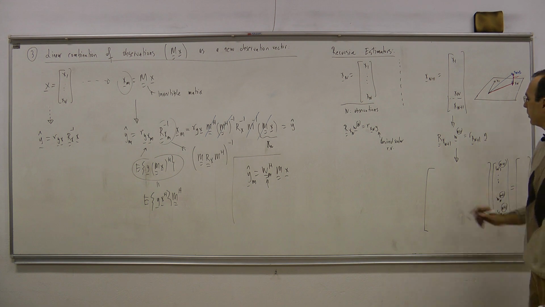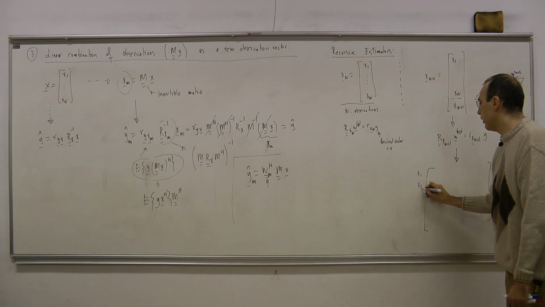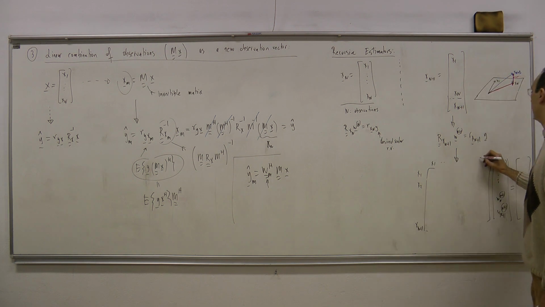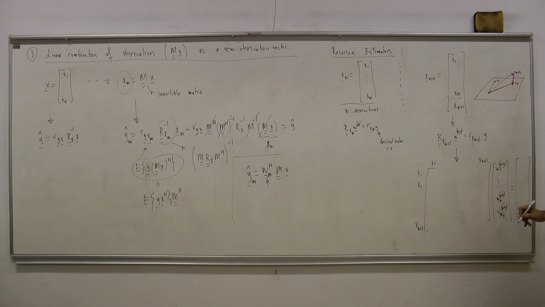So what is this? Let me write my vectors as we did all the time. This is again x1, xn plus 1, xn, and I have y over here. So this is expected value of x1 times y.